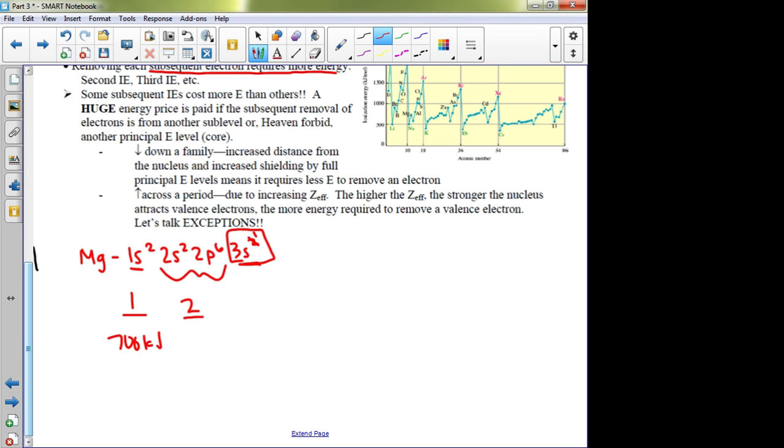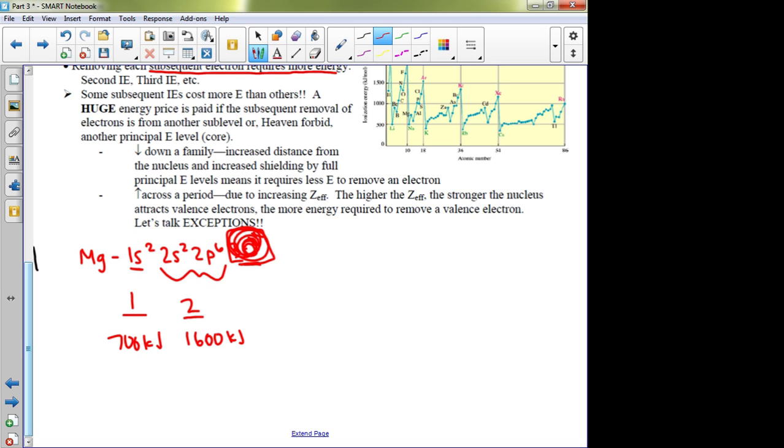The amount of energy it takes to remove the second electron is going to go up. It's going to take even more energy to remove this one. Let's just say 1600. I'm making up numbers, don't quote me, okay? Once I remove that second electron, I've completely removed the outer shell. So now if I try to remove a third electron, where am I going to have to take that electron from?